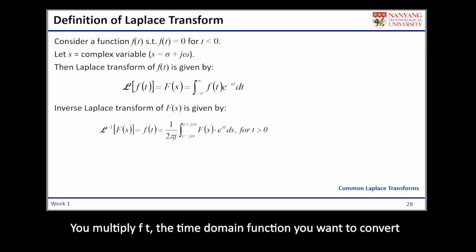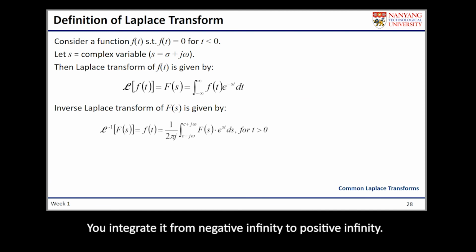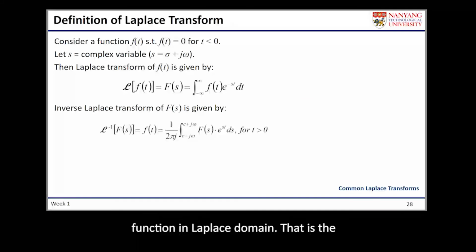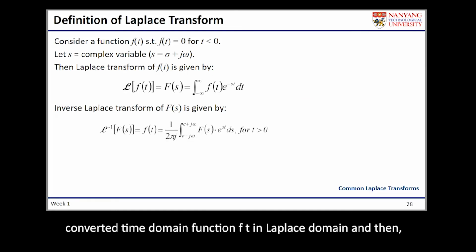You multiply f(t), the time domain function that you want to convert, by exponential of minus st, and then you integrate it with dt. You integrate it from negative infinity to positive infinity. After you integrate it, you will get a new function F(s), a function in Laplace domain. That is the converted time domain function f(t) in Laplace domain.